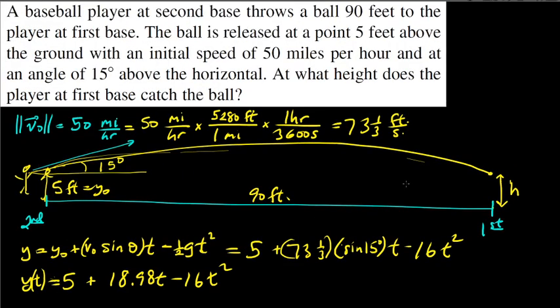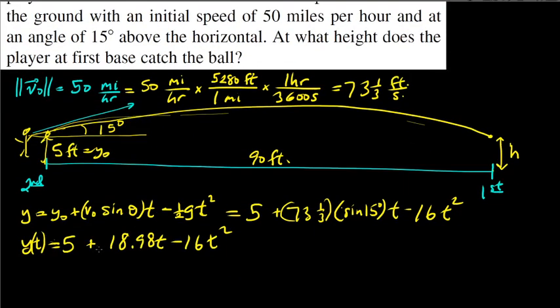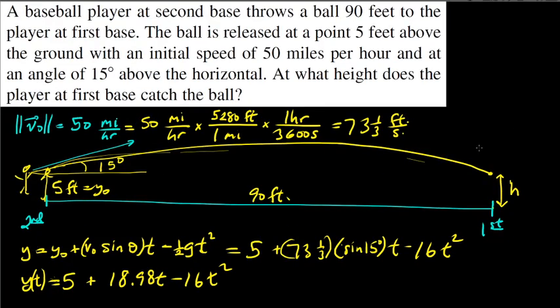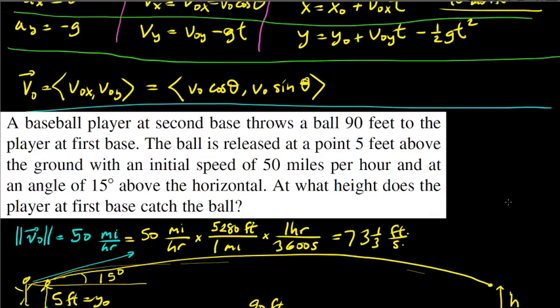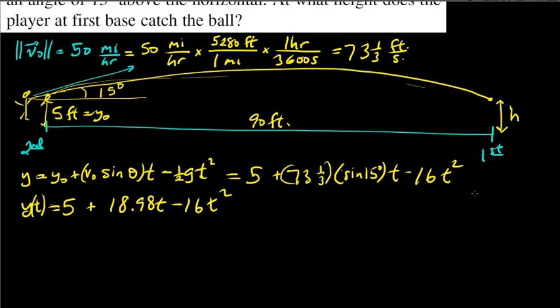So we're not done, right? We can't just plug in t if we don't know what that is. So the horizontal distance, that's the x, is 90 feet, right? So if we can write x of t, that might be helpful.